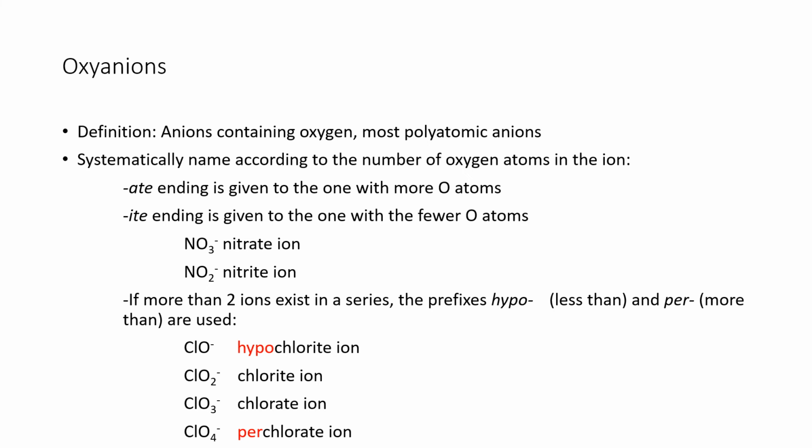Now, don't get confused by oxyanions. All they mean is that most polyatomics actually have oxygen in them. Okay, so let's look at the ate and the ite ending and the difference between them, and then we'll add in the ide ending.